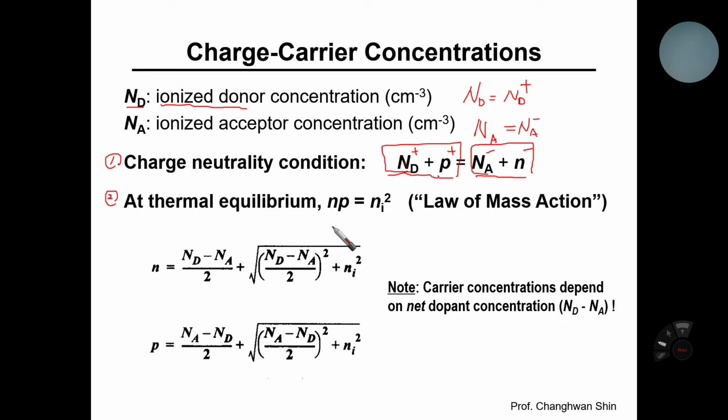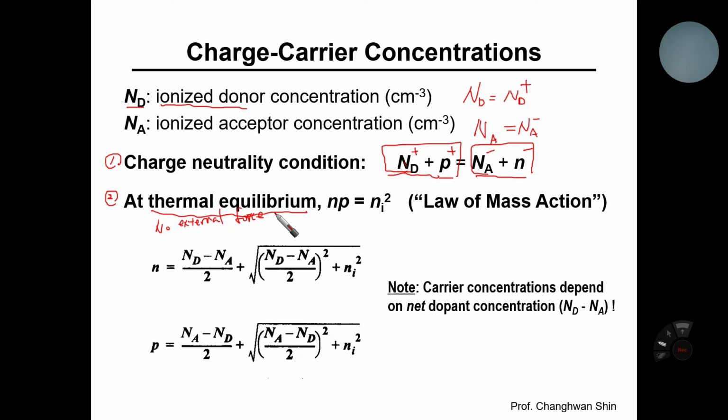The second equation that we are going to learn applies at thermal equilibrium. Thermal equilibrium means no external force. Without any external forces applied to this silicon sample, we can say that the sample is at thermal equilibrium. We will learn more details about the physical meaning of thermal equilibrium in the end.